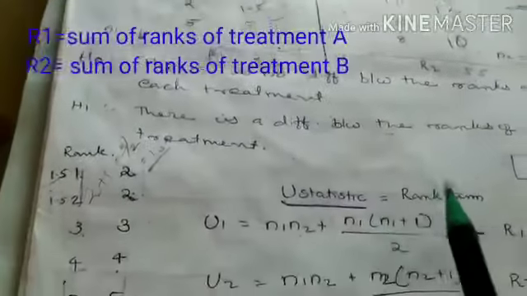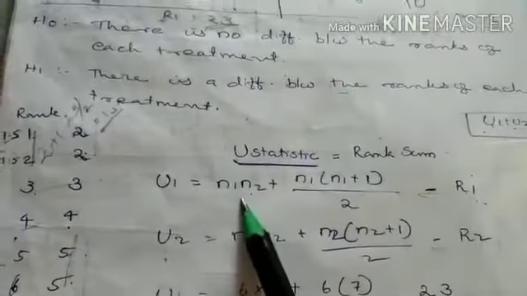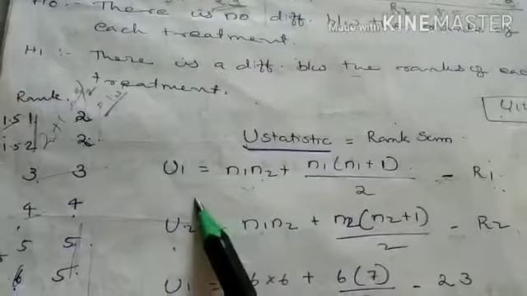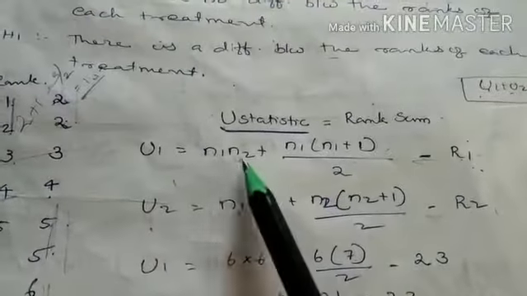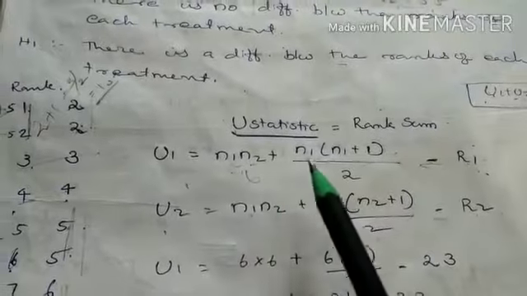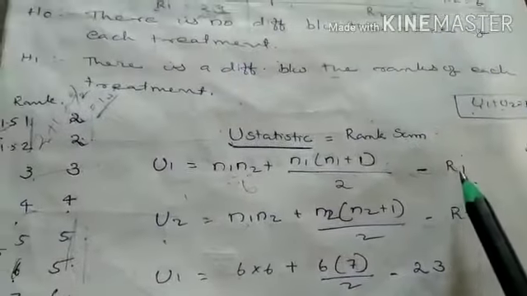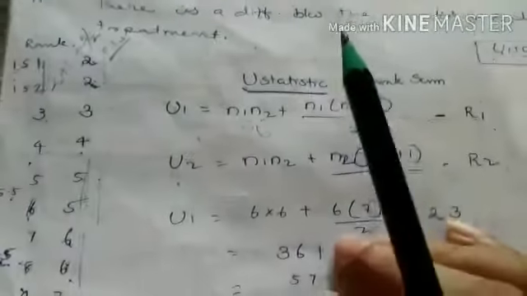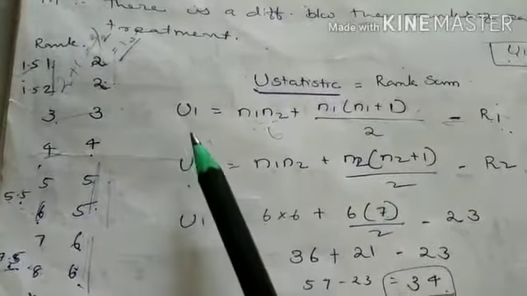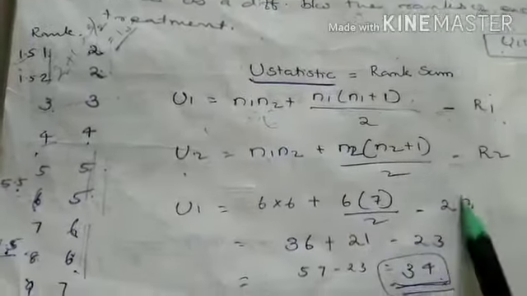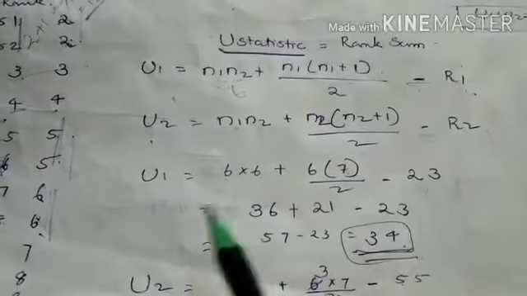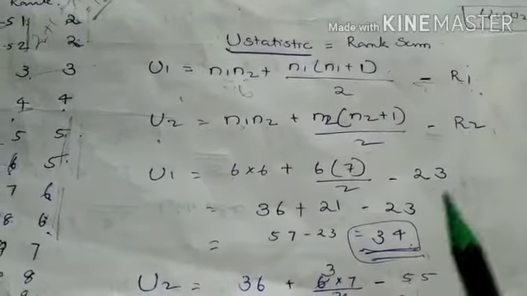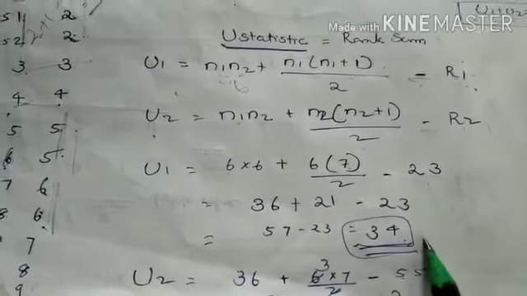Now we have all the values needed to solve for the U statistic. N1 and N2, in our case both are equal to 6, and here we have R1 as 23. First you need to identify U1 by substituting these values. The result for U1, as you can see, is 34.